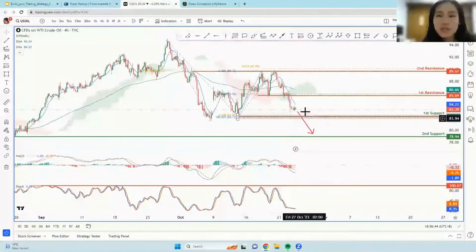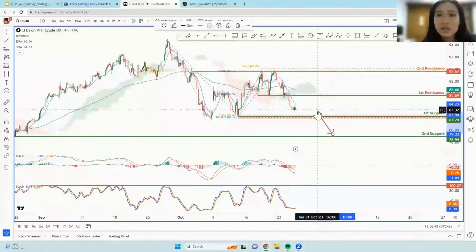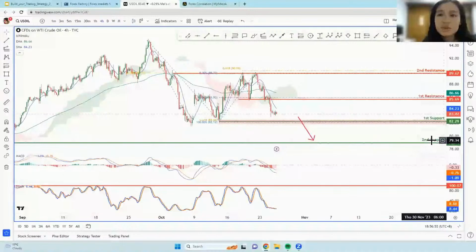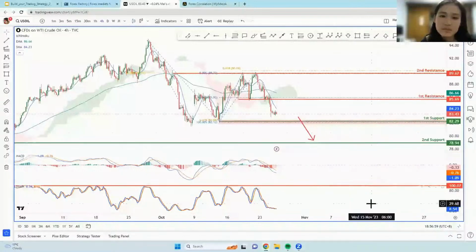But overall, there's still a lot of downward pressure, so we can probably expect it to break out of the first support and head towards our second support.